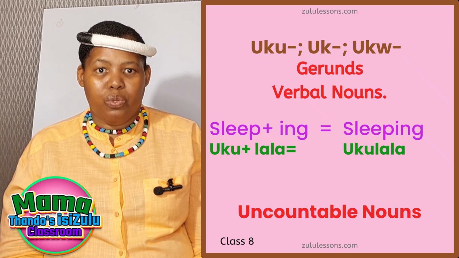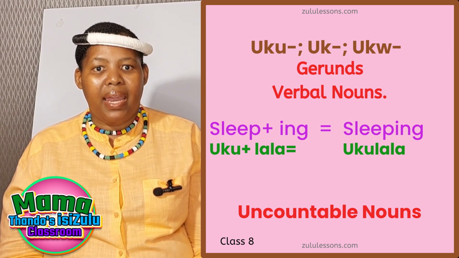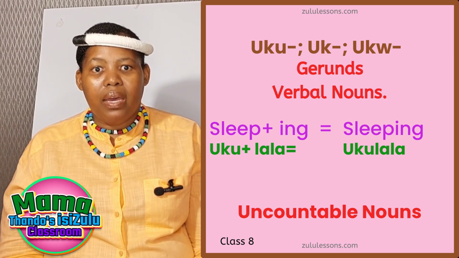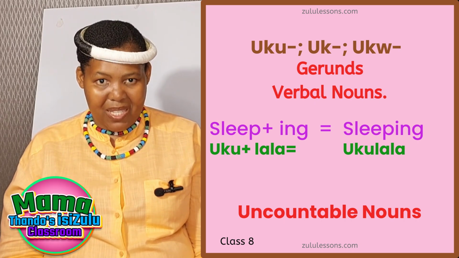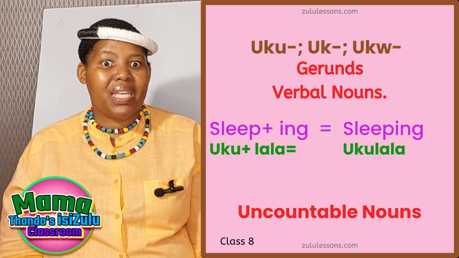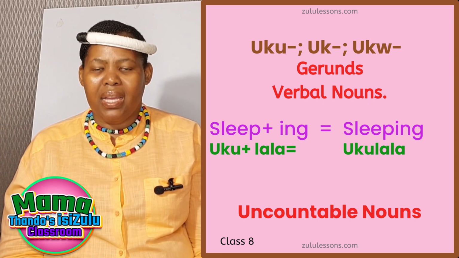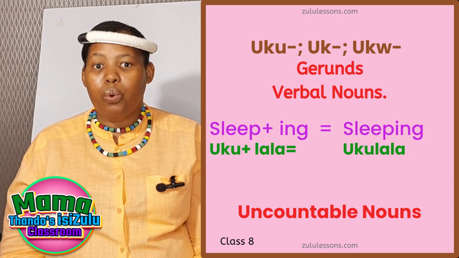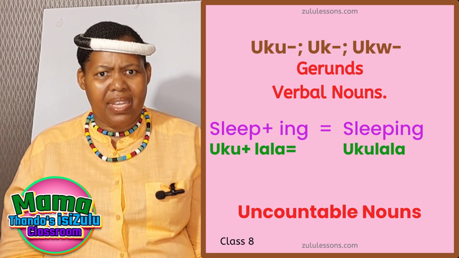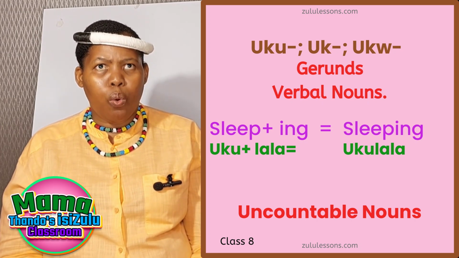The word to sleep is lala. The ing of it, we put it at the beginning of the word and say ukulala, sleeping, ukulala. You can't count that and say ukulala okukodwa.